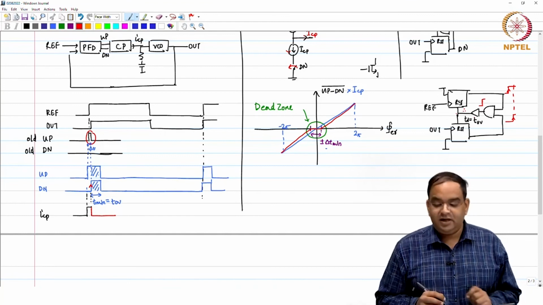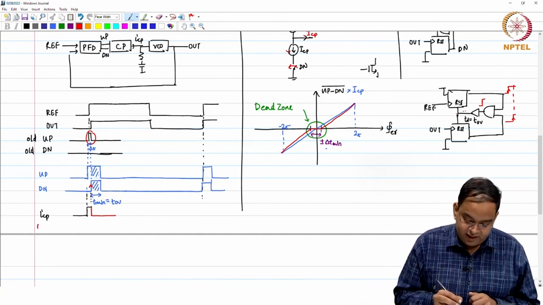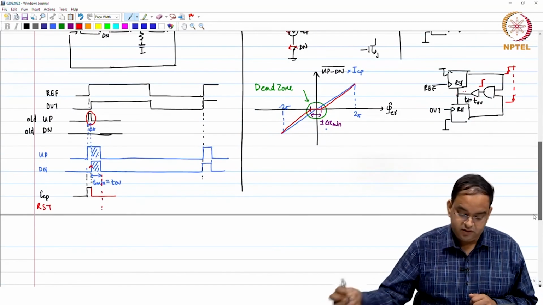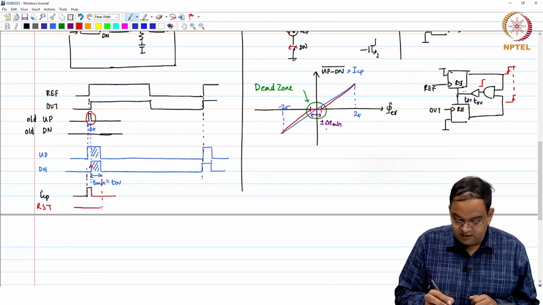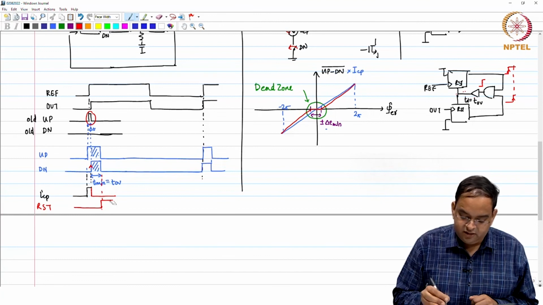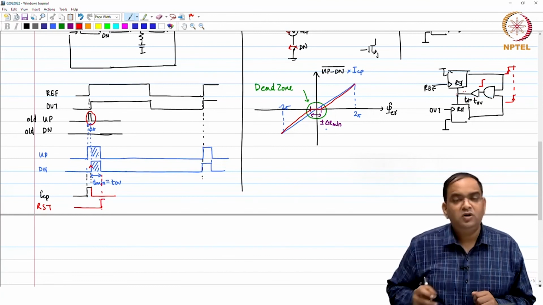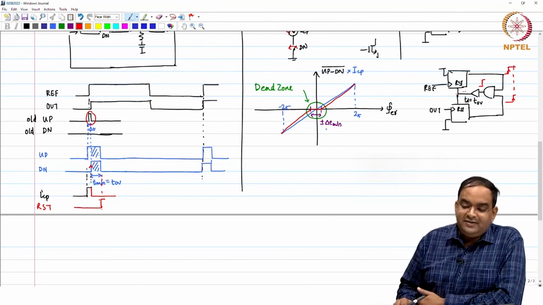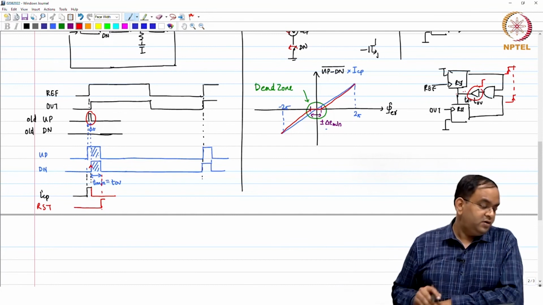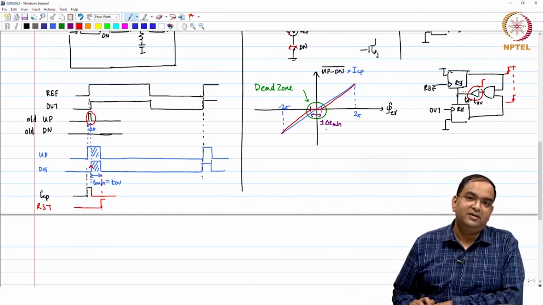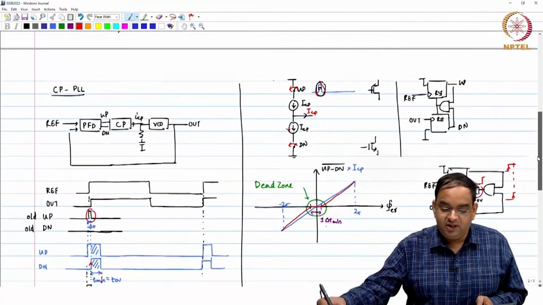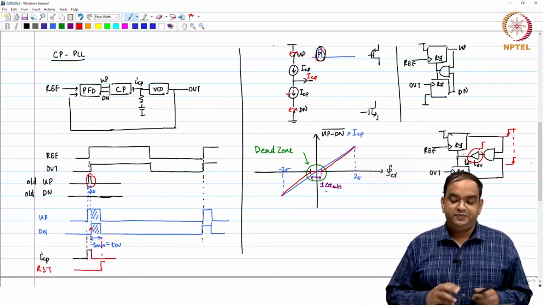So, I will just draw the reset also. Ideally the reset is coming at this node. As soon as reset goes high, your outputs will go low. So, you delay the reset such that this happens, and you can do that by introducing a delay in the feedback path, right. So, in this way you can get rid of the dead zone problem in the charge pump. Okay. Thank you.